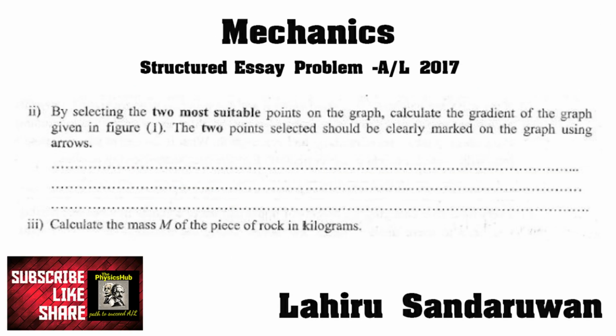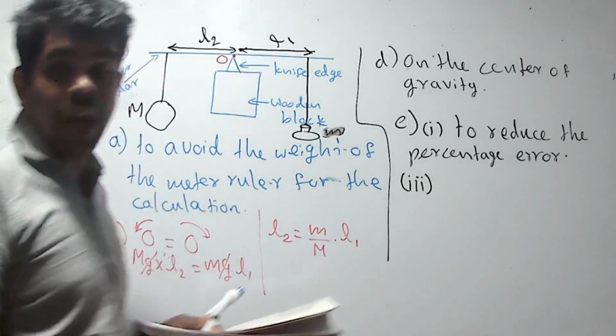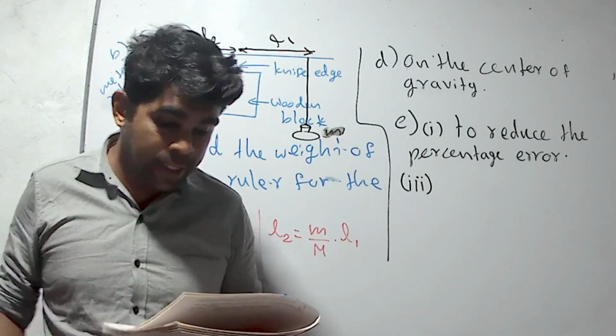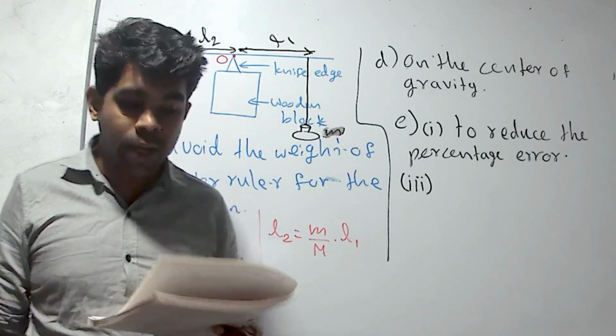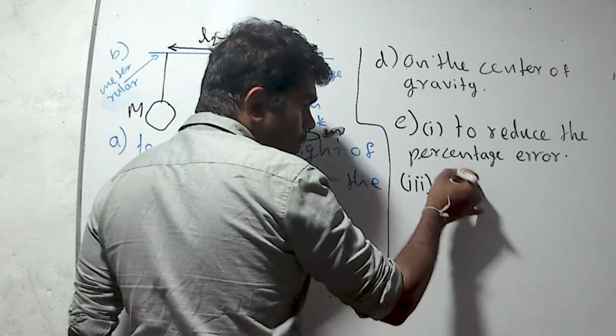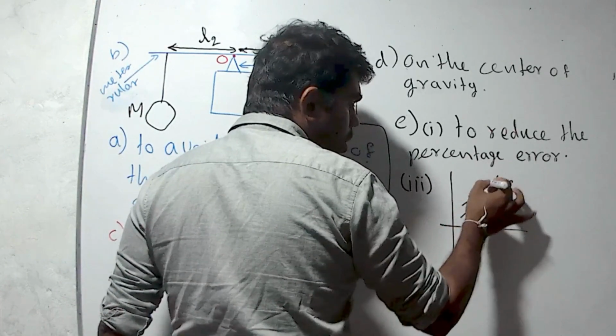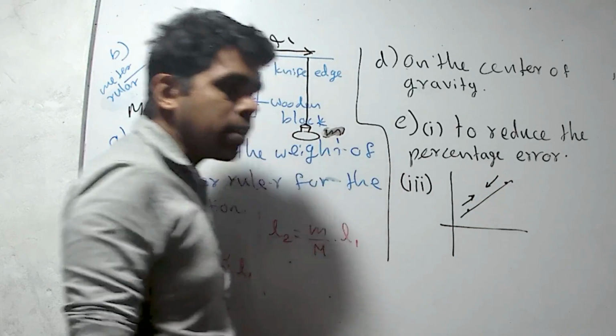In part 2, by selecting two most suitable points on the graph, calculate the gradient of the graph given in figure 1. The two points selected should be clearly marked on the graph using arrows. There are some conditions we have to follow when calculating gradients from a given graph. The two points we have selected should be between the minimum and maximum points. That is the first one.